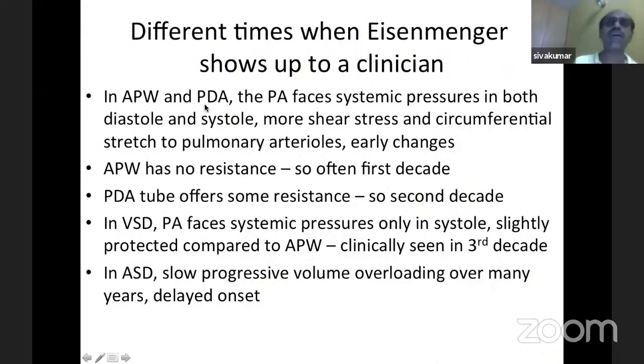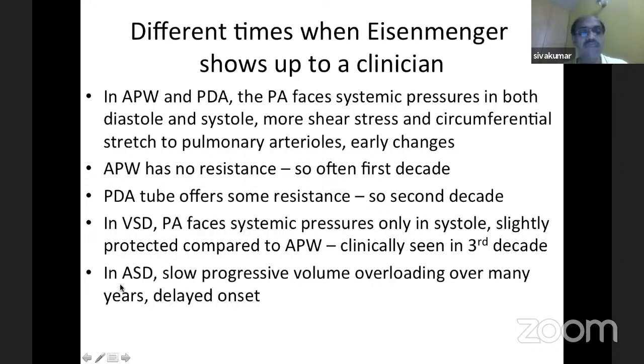There is also a question about the different times at which each patient will present with Eisenmenger syndrome. In AP window and PDA, since the pulmonary artery faces the systemic pressure throughout systole and diastole, there is more endothelial damage, and so they present with Eisenmenger much earlier. In VSD, it faces it only during systole, so they present a little later, in the third decade.